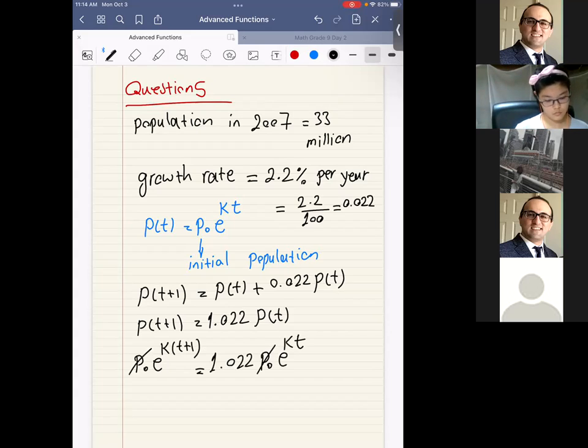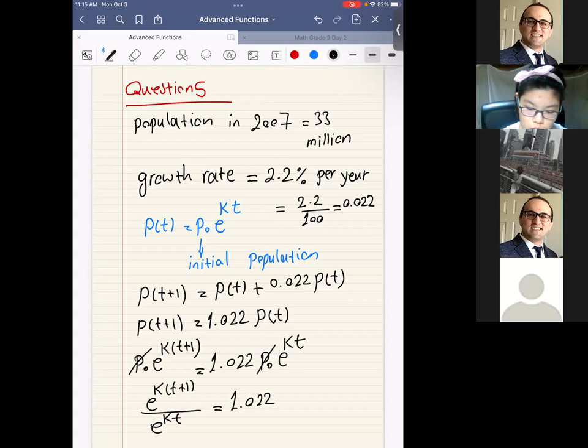And then if you divide both sides by e to the kt, you get e to the power k times t plus 1 divided by e to the power kt is equal to 1.022. It follows that e to the power k is equal to 1.022.